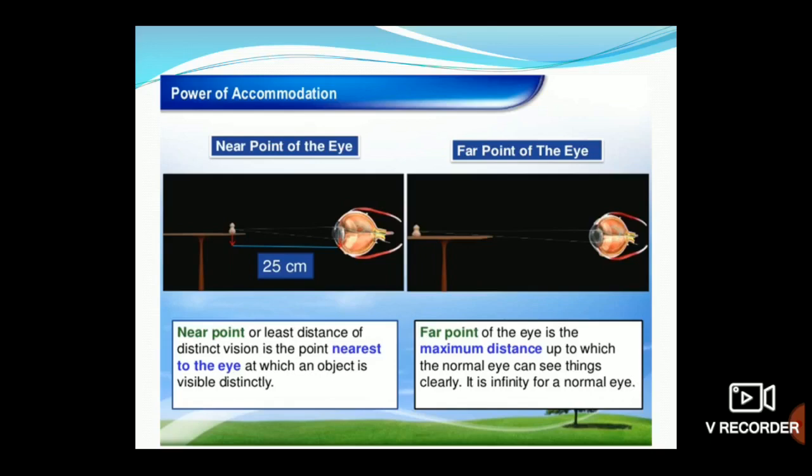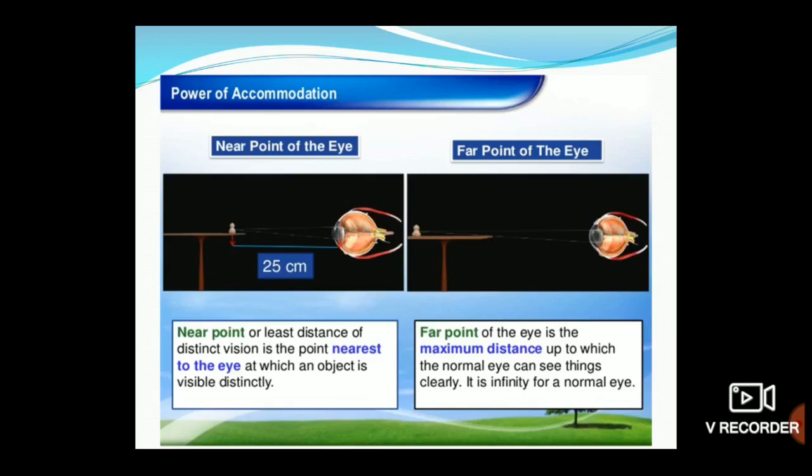The minimum distance at which objects can be seen most distinctly without any strain to the eye is called least distance of distinct vision. For a young adult with normal eyes, this normal near point distance equals 25 centimeter. Distance increases with age due to decreasing effectiveness of ciliary muscles.